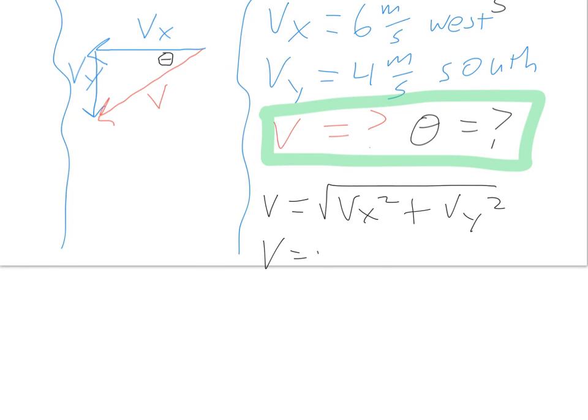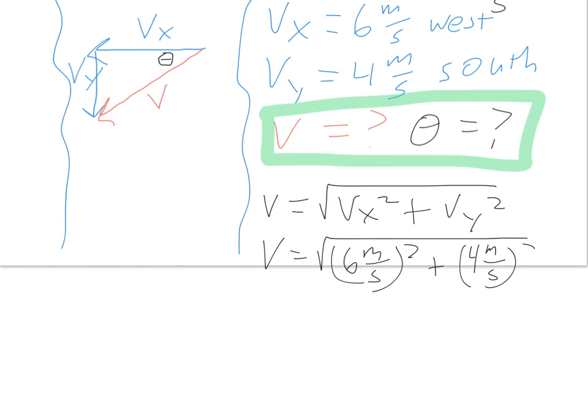And so if we sub in our numbers, our Vx is that 6 meters per second squared, and then I add that to the Vy, which is 4 meters per second squared. And if we calculate that, we'll find 7.211 meters per second. That's the speed part.